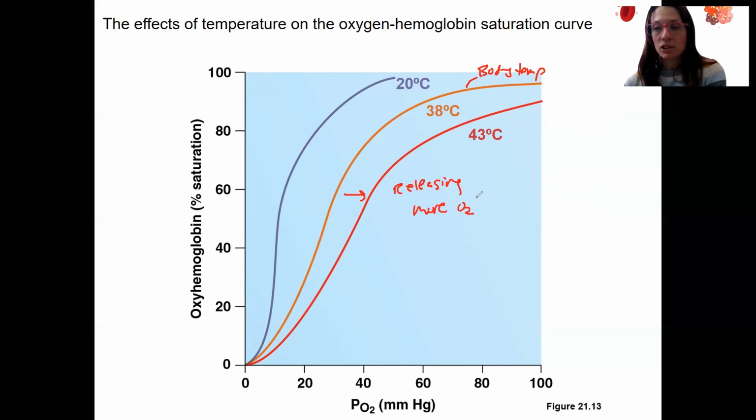When our muscles are exercising and we start producing heat, this is going to help our body release more oxygen into those tissues. So this also makes sense. Anything where you're going to want to have more oxygen delivery is going to be a shift right, which means releasing more O2. Opposite, release less.